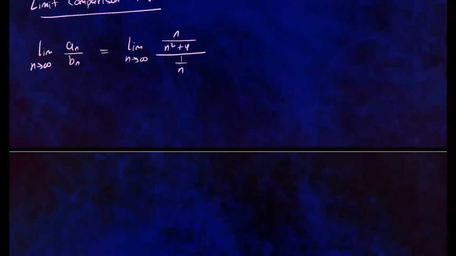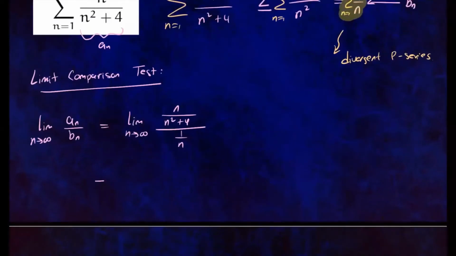Simplifying this algebraically, we have the limit as n goes to infinity of n over n squared plus 4 divided by 1 over n, which is the same as multiplying by the reciprocal of the bottom fraction. So you will have n squared over n squared plus 4. In this limit, we know that this is 1, since they have the same degree top and bottom, so the limit is the ratio of their leading coefficients.